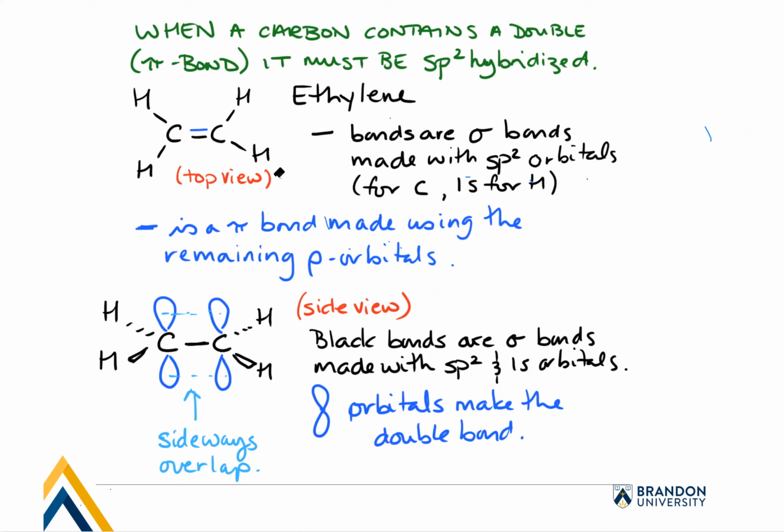Right, so with ethylene, I've tried to draw this in a fashion that all of the sigma bonds are in black and the blue bond is a pi bond. So the black sigma bonds are going to be using sp2 hybrid orbitals. Of course, hydrogen's orbital that it uses to make bonds is the 1s, so that's why we put 1s there. But this blue bond is a pi bond, and so that's used with the remaining p orbital.